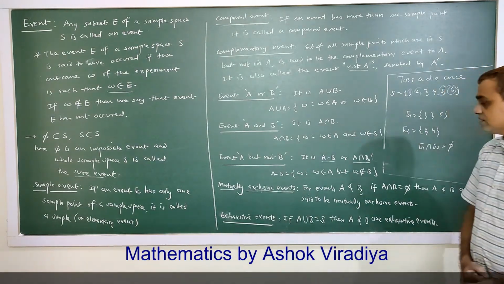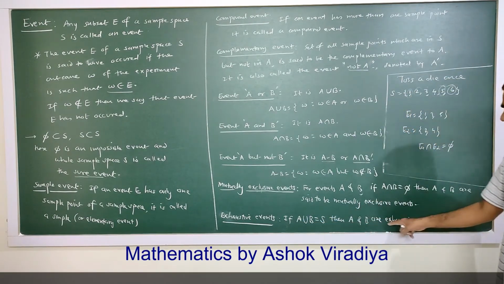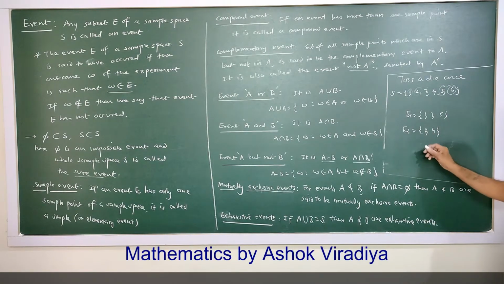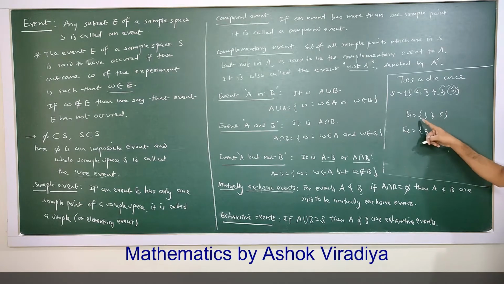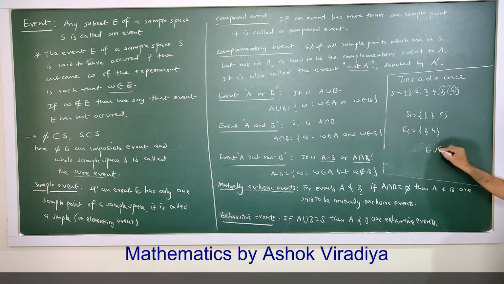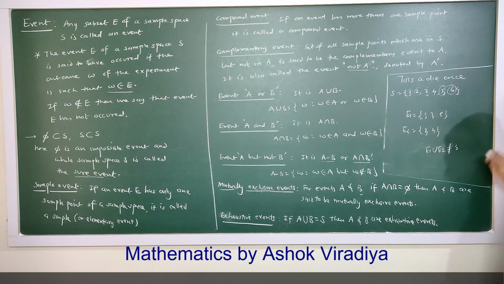Then if the union of two events is S, then A and B are exhaustive events. If you take the union of E1 and E2, the union is not S because 6 is nowhere in these two sets while 6 is in S. So here E1 union E2 is not equal to S. So these are not exhaustive events.